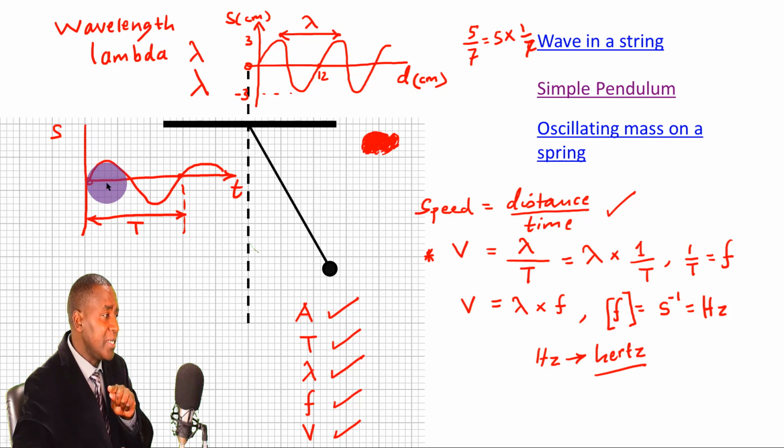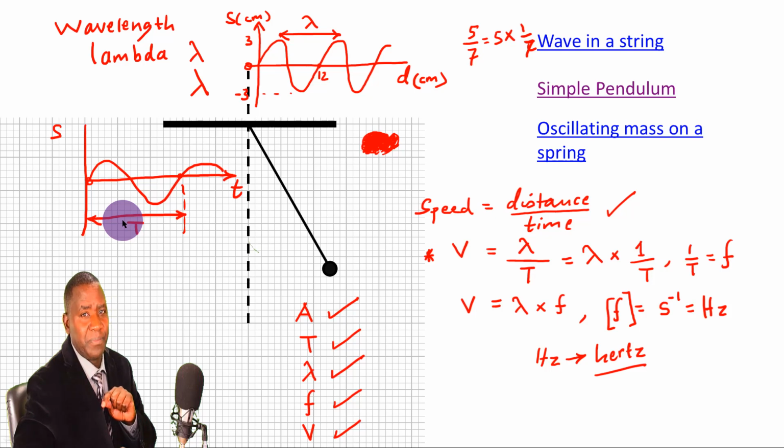Amplitude and periodic time. Don't get confused here, because sometimes students get used to this type of graphs and they always think that this one represents time. It's not always time. It depends on the kind of graph which has been given. If it is a displacement distance graph, this represents wavelength. But if it is a displacement time graph, this represents periodic time.